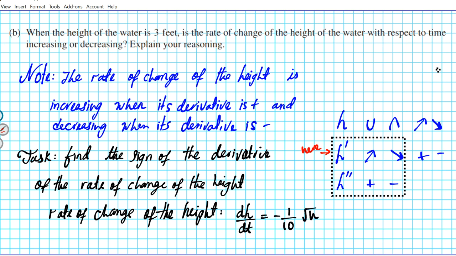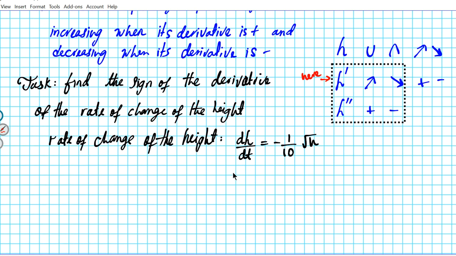Now, what are we going to do with this rate of change? Well, we're going to find the derivative. We're going to find the rate of change of the rate of change of the height, or the second derivative. So its derivative is the second derivative of h, d squared h/dt squared.